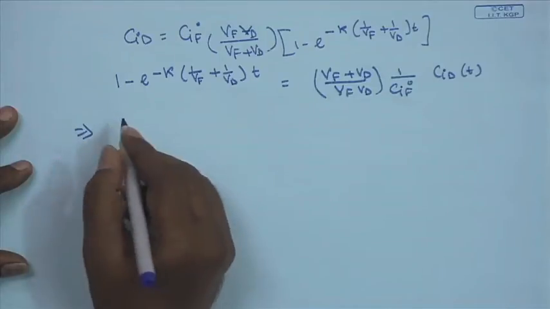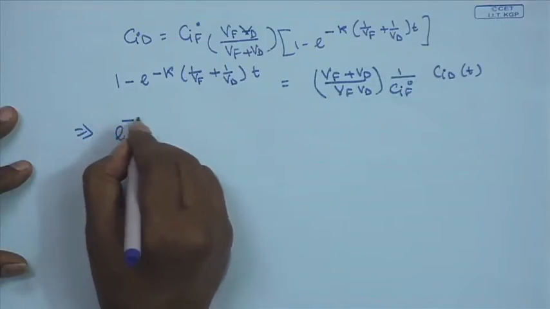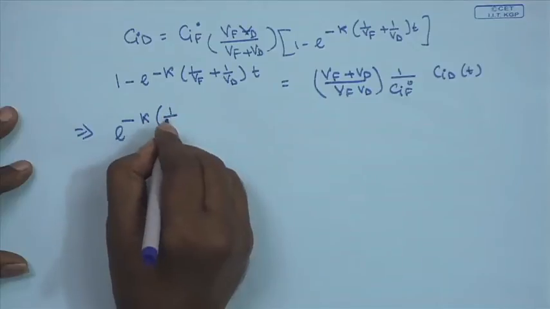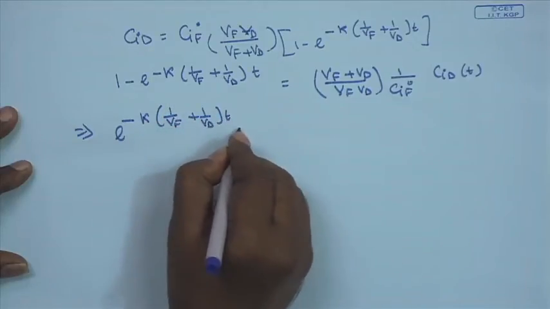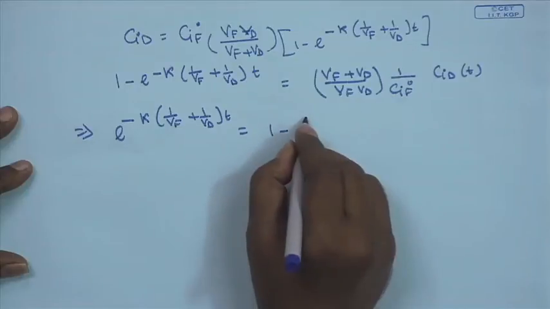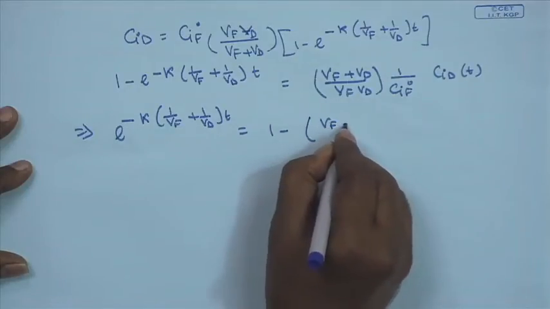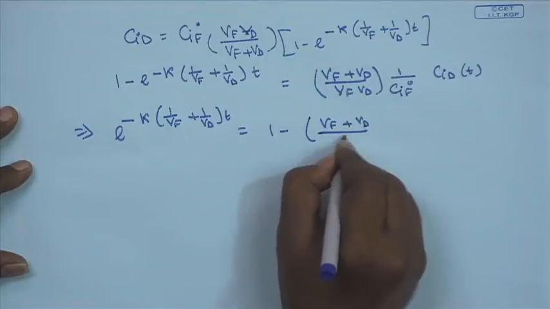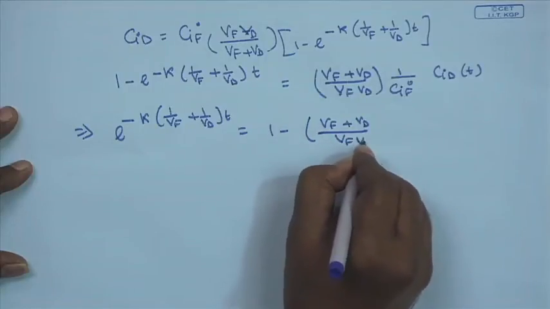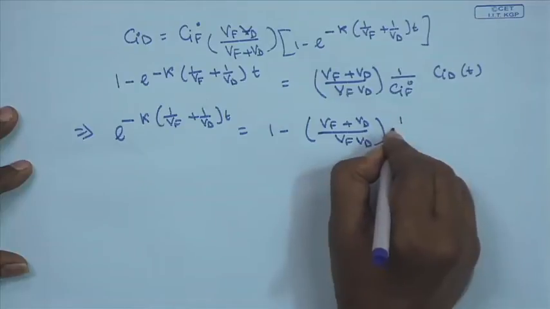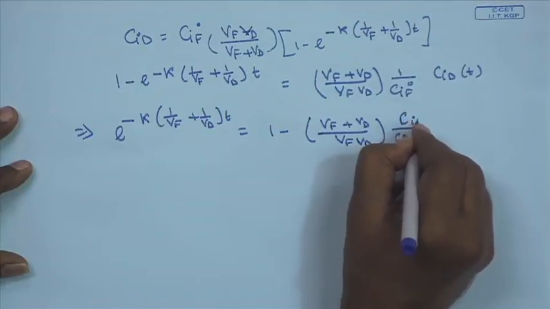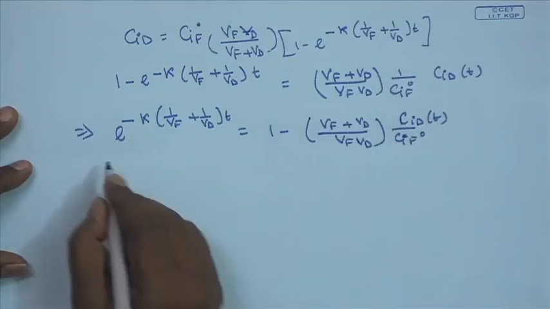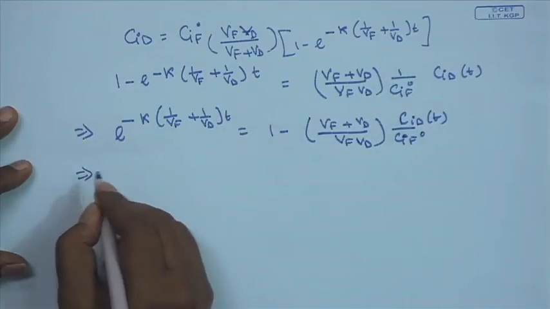So this becomes e^(−k(1/Vf + 1/Vd)t) equal to 1 minus (Vf + Vd)/(VfVd) times 1/CIf0 times CId. So we can take the log on both sides.